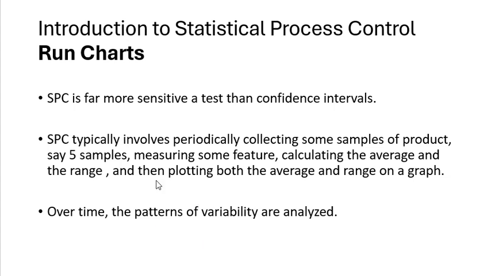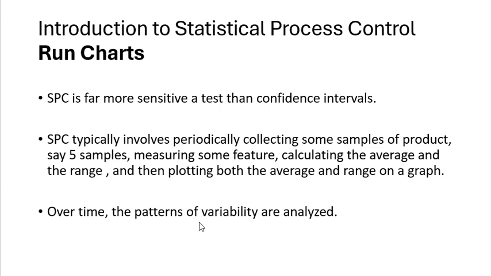We can also detect non-random patterns. Sometimes you have not very random patterns, meaning following some rules. Using run rules, you can identify them. I'm going to teach you what run rules are. And you can identify non-random patterns like your trends, your shifts, and your runs.